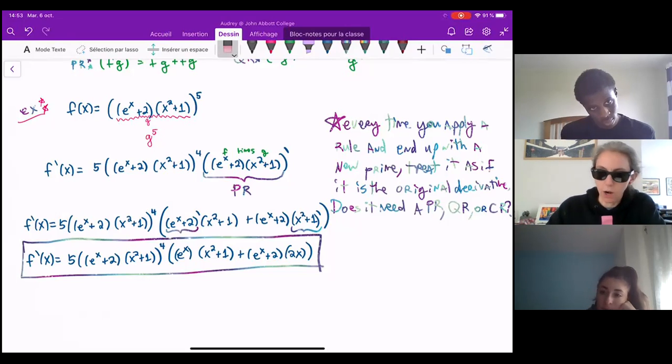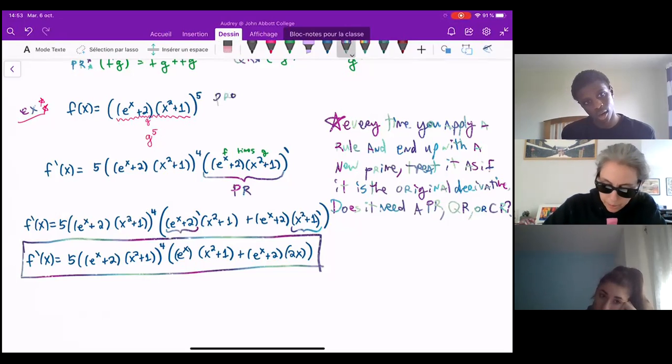And what we did here is a product rule inside a chain rule.